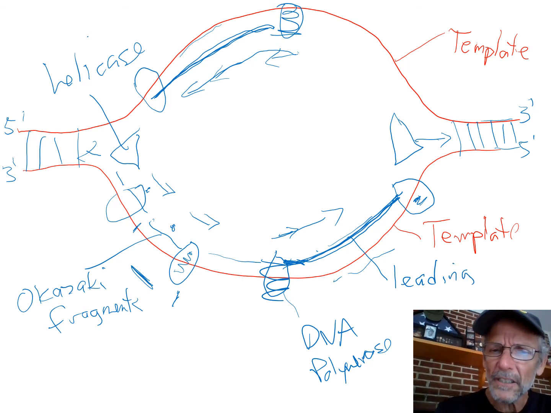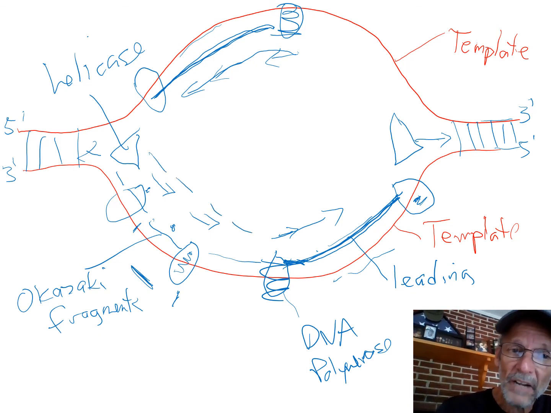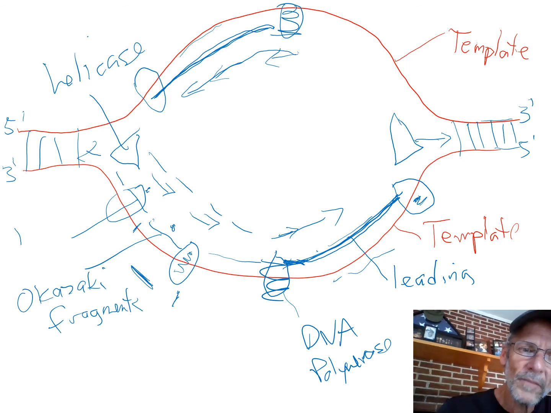What are they leading? They're in front of, leading, this strand that's getting put together in pieces. Eventually all these pieces will be connected together, but this strand that's being put together in pieces, because it's behind, is called the lagging strand. Lagging means you are behind. Lagging strand.